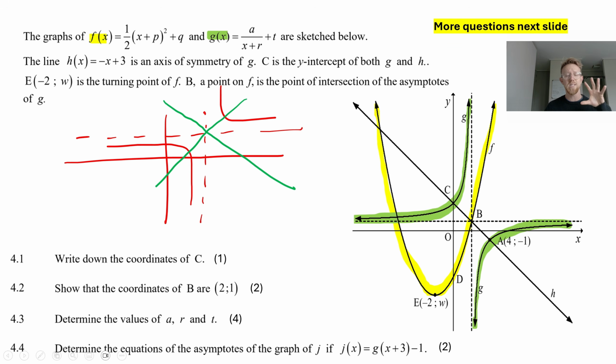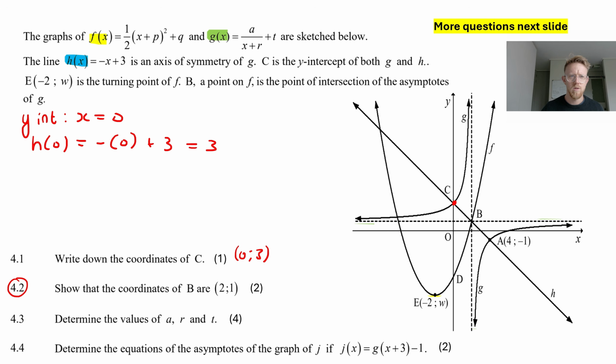And those are your symmetry lines of a hyperbola. So they've told us that h is a line of symmetry. So there it is over there. And we can see that it's going directly through where the asymptotes intersect. Okay, so that's what we have.